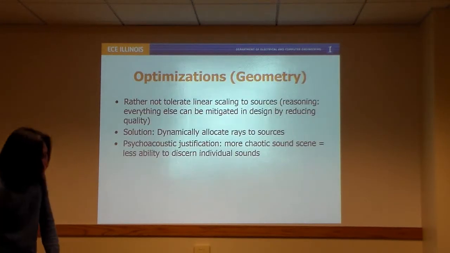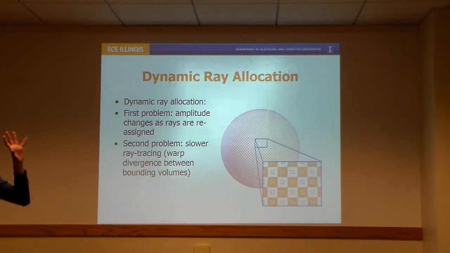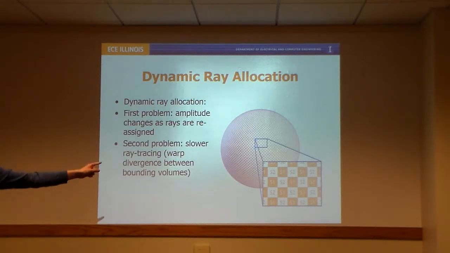Oh yeah, so this is kind of cool. Everything so far is assuming there's one source in the system. That never happens in a game, right? It's always polyphony. You always have more than one thing going on. So we're assuming it's going to get more chaotic: the more sources you have, the less your ability to discern every individual source. So why don't we just split up our rays in this way?